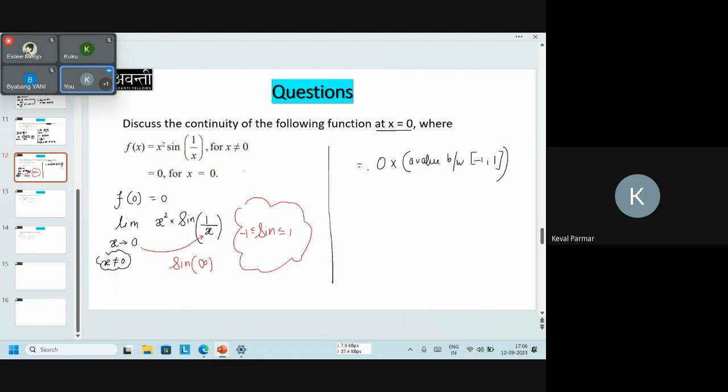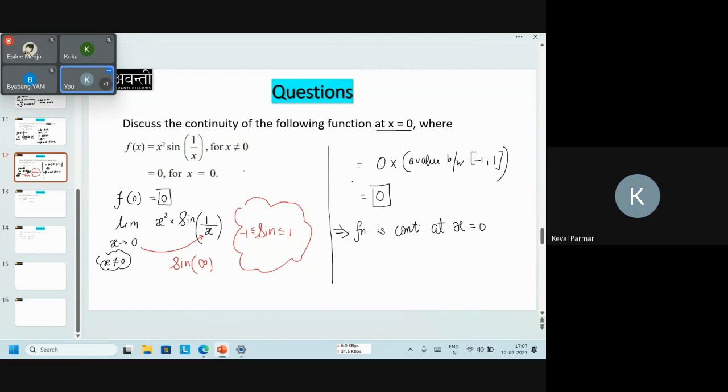So that means 0 into any value between -1 to 1 is equal to 0. So that means my limiting value and the functional value both are same. And if the limiting value and the functional value are same, that means the function is continuous. I hope you remember it. This type of question in limits we had done. So the function is continuous at x equals 0.